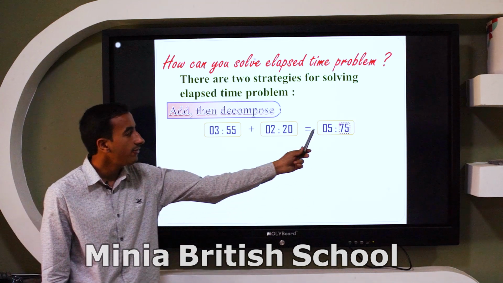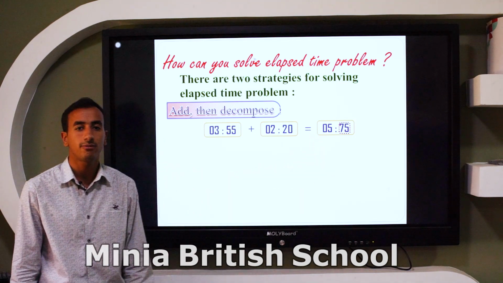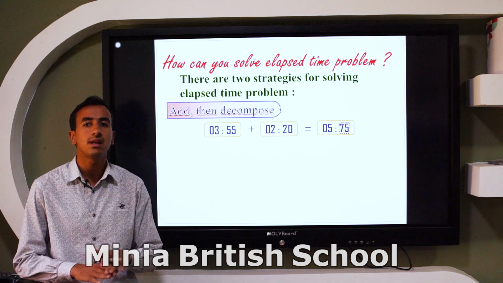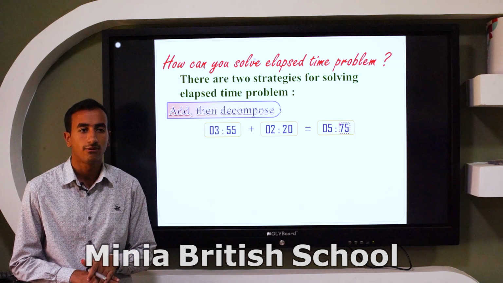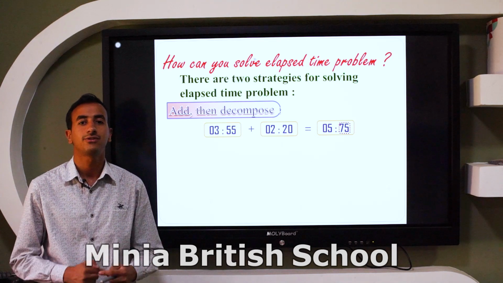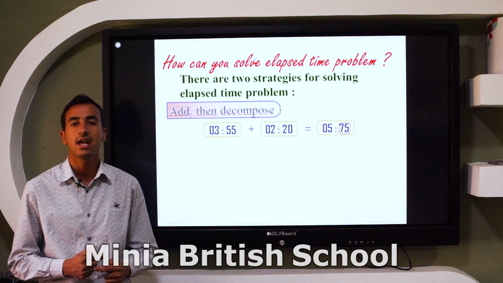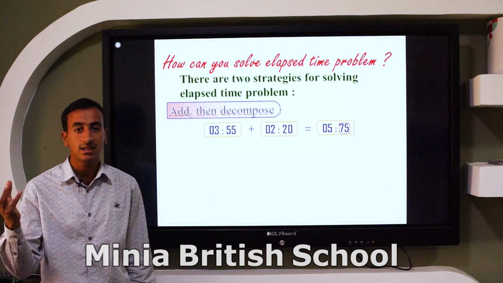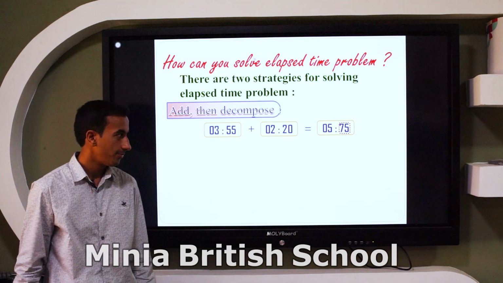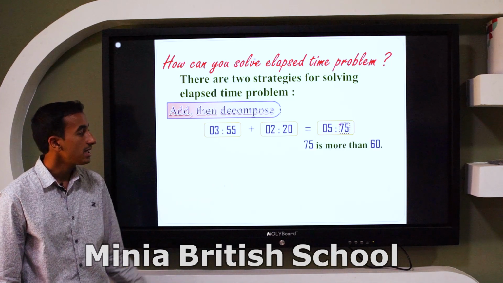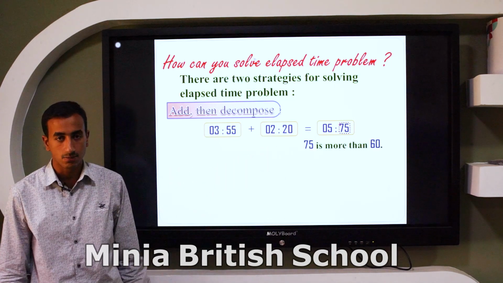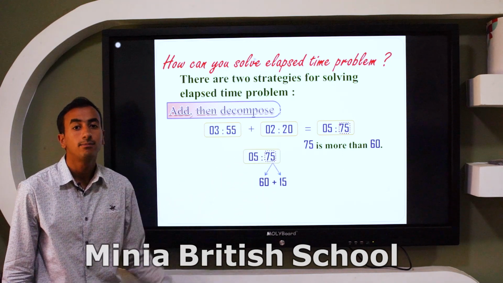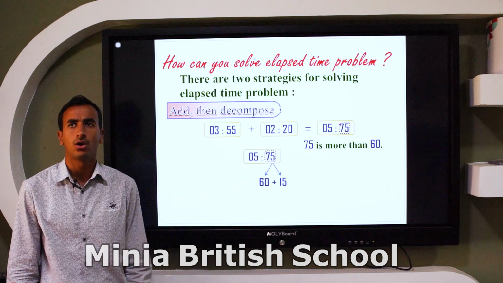So we have here 5 hours and 75 minutes, but we know that the greatest number of minutes in any time is 59. After 59, 60. We can't write 60 in minutes. We can replace it with 1 hour. So we can decompose 75, which is more than 60, into 60 minutes plus 15.